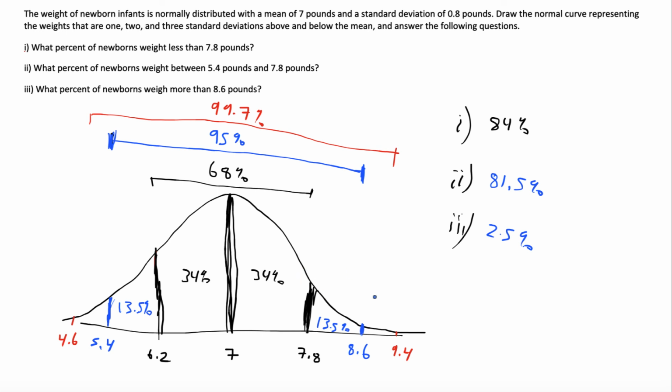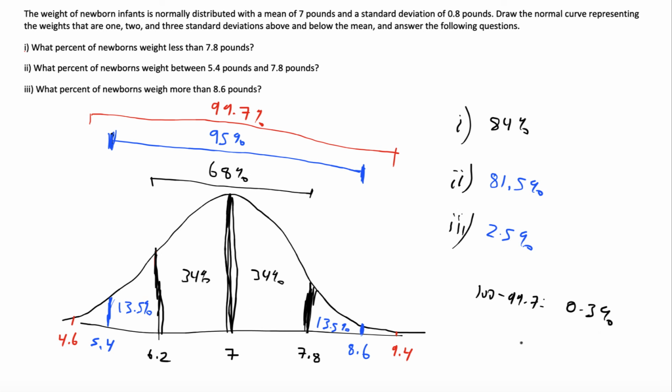Okay, now just a little side note here. What percent are greater than 9.4 pounds or less than 4.6 pounds? That's 3 standard deviations. The middle for 3 standard deviations is the middle 99.7%. Well, 100 minus 99.7 is 0.3%. But remember that's both.